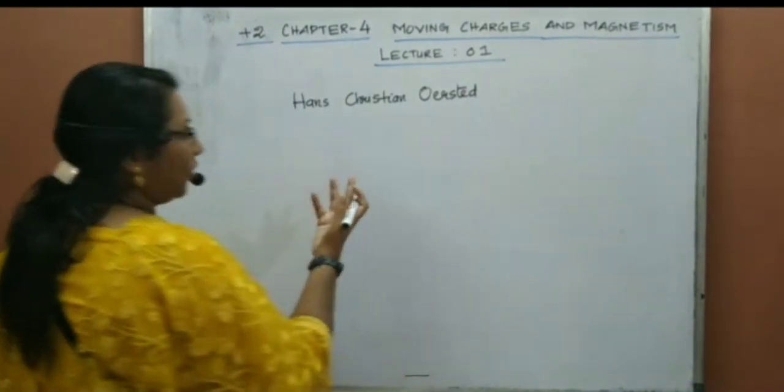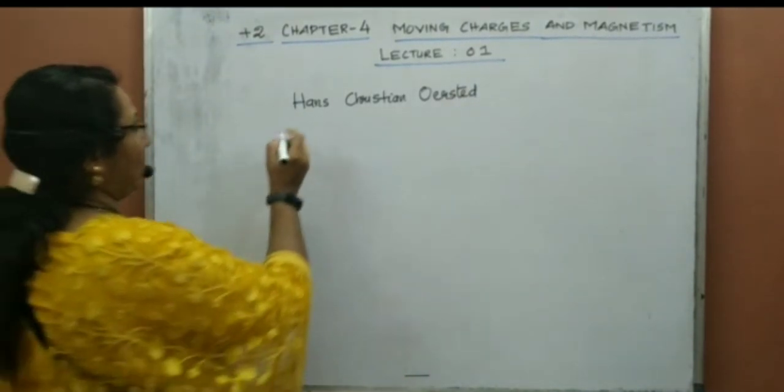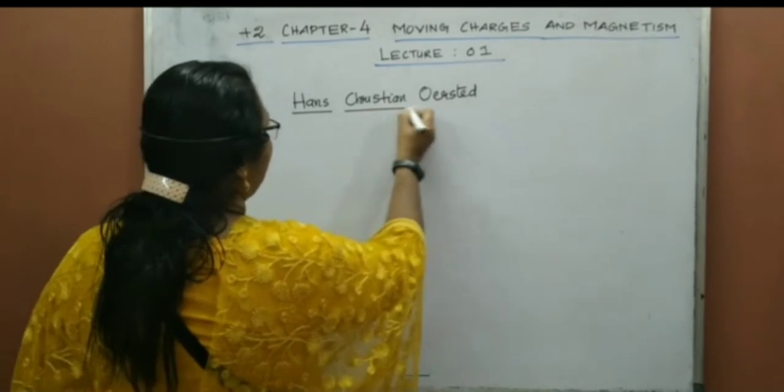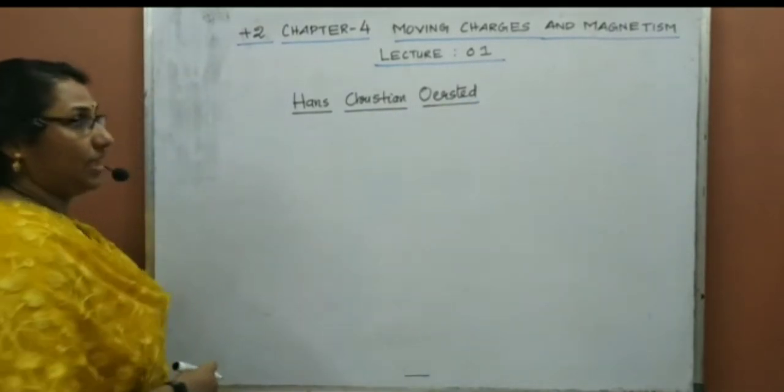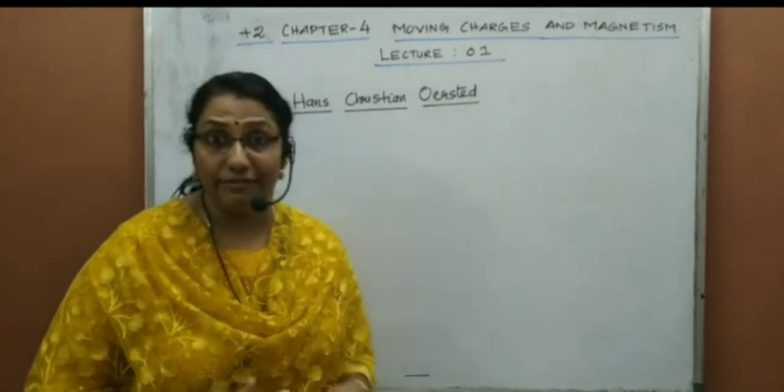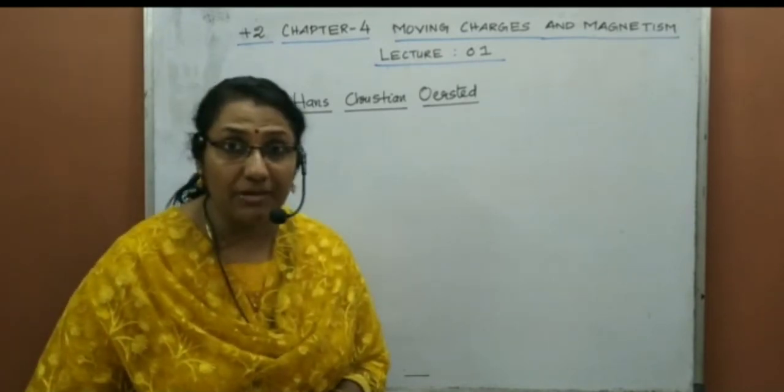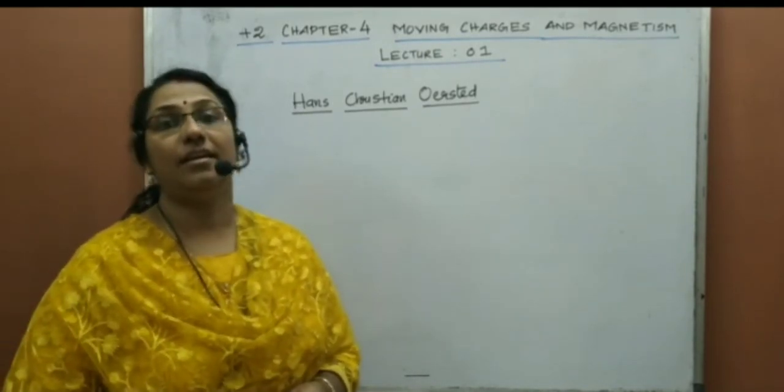Hans Christian Ørsted was the scientist who first identified the magnetic property of a current carrying conductor.